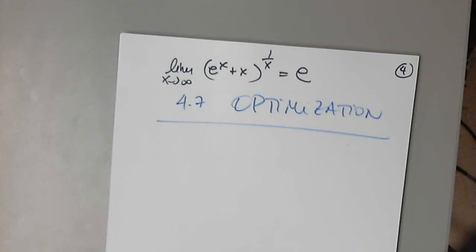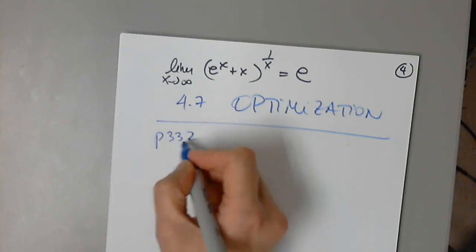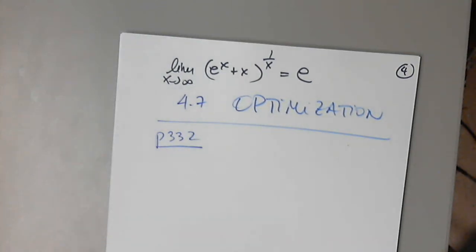We are on page 332. Before we select our first problem, let's see what this really means. We're asked to find max-min of functions.